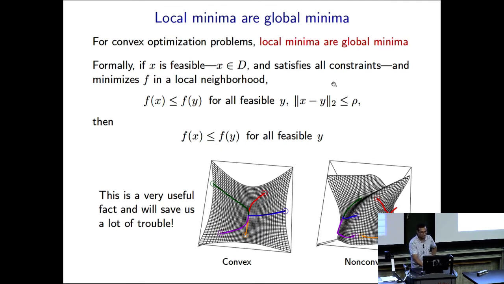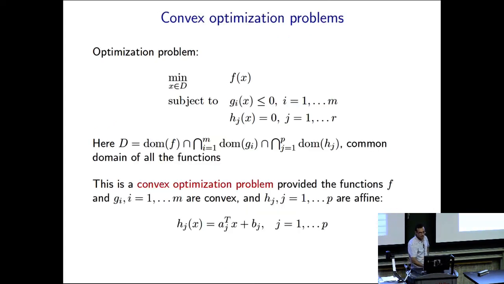So this just means, if I'm at x and I look at an L2 ball of radius rho, all the points in this ball have the property that the L2 distance between x and y is less than or equal to rho. That's this property here. I look at all the points in this ball that are feasible, which means they satisfy these constraints and they're in that domain. Then x wins in terms of the criterion value.